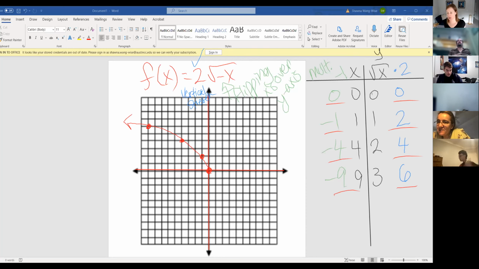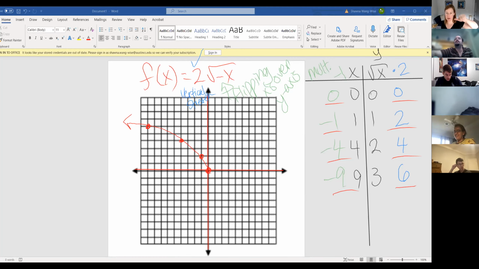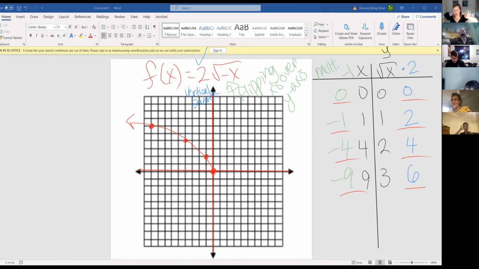Okay. Any questions? Your curve is so thin. I know. I need to zoom in. It's okay. For all the people that had their thumbs sideways, do you feel better about it now? Is it a thumbs up now, or do you have a question?